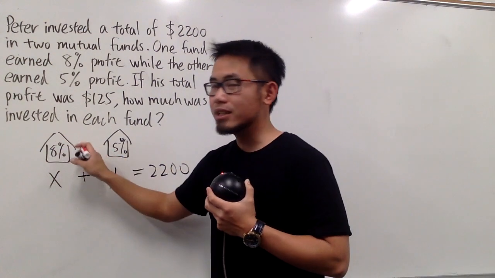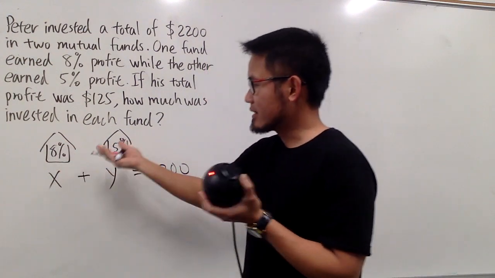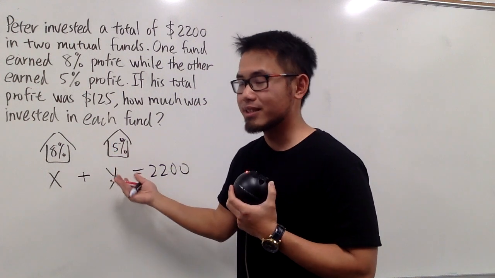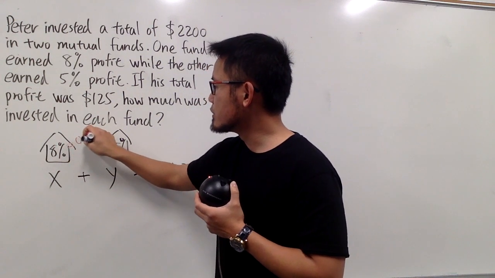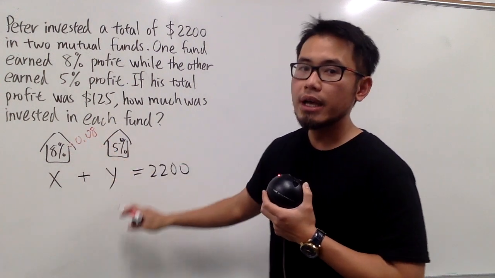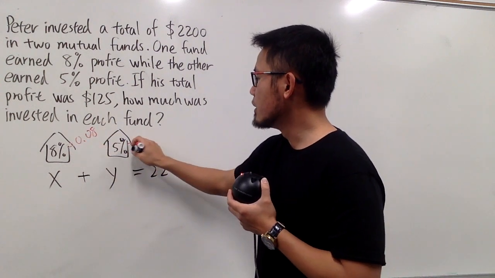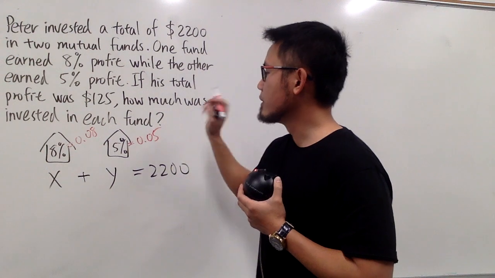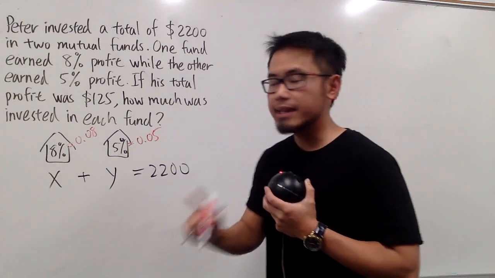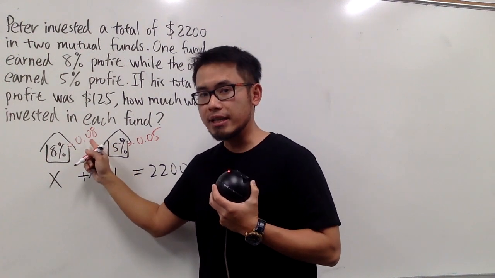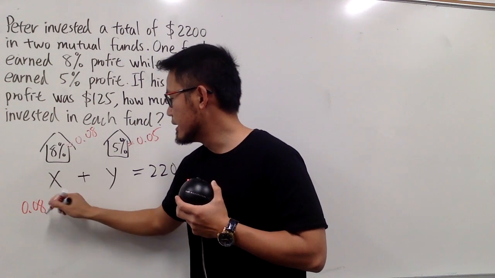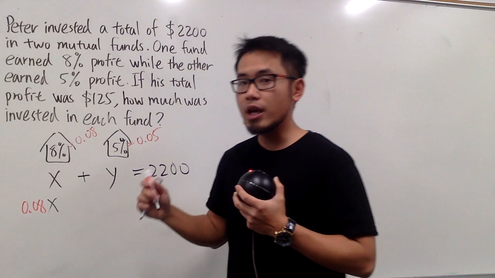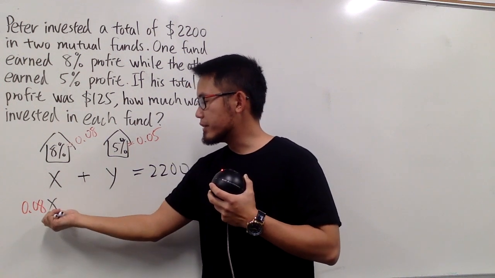And we also have to come up with a second equation, and this is how you can do it. Look at the percent right here. This is the interest rate, the profit rate, okay? This is the same as 0.08 once you change that to decimal, and likewise, you change the 5% to 0.05 in the decimal form. And you are going to multiply the percentage with the X right here. So this is 0.08X. And this will tell you 8% of the investment.